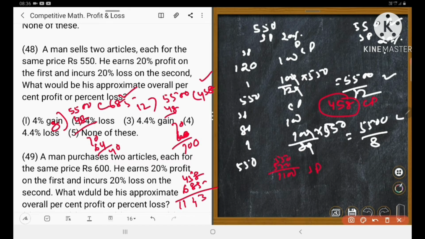This is SP and this is CP. So SP is lower than CP, there is a loss. Could you understand?